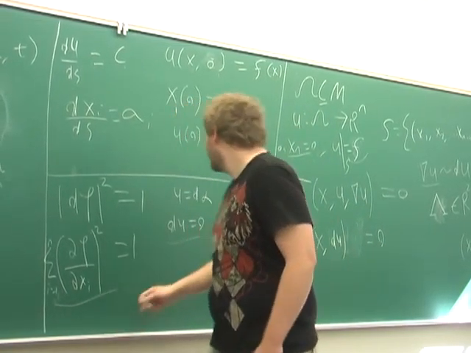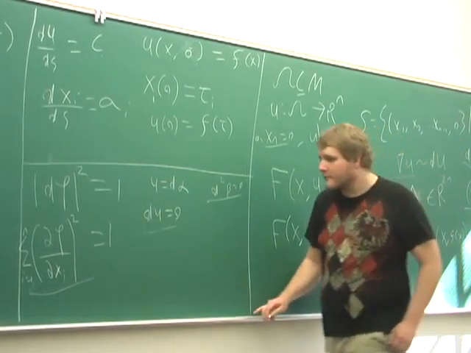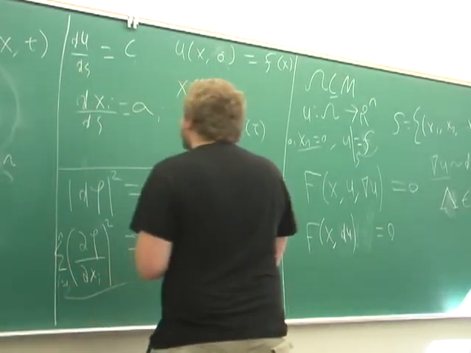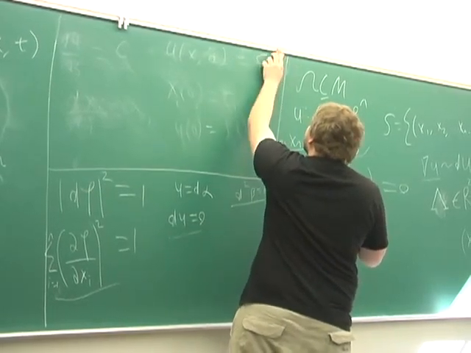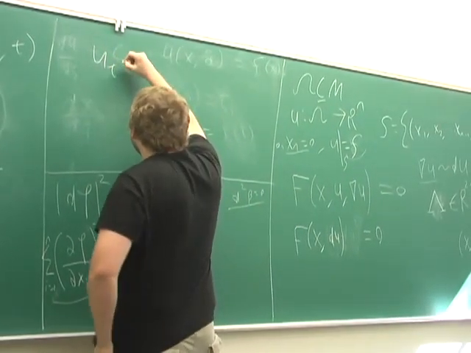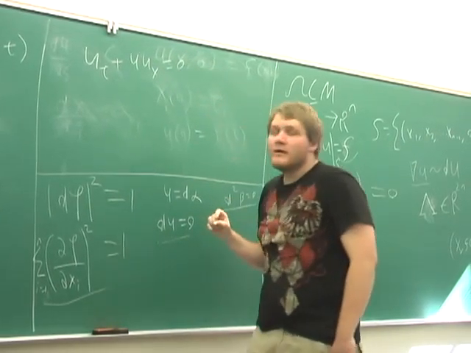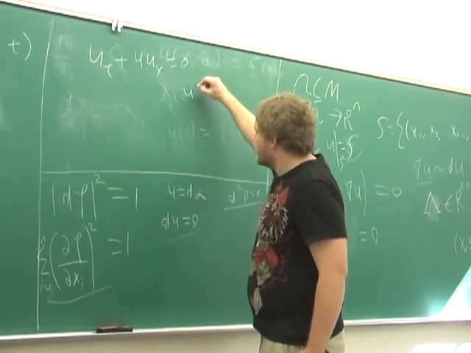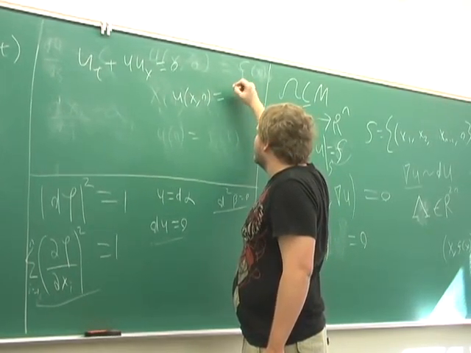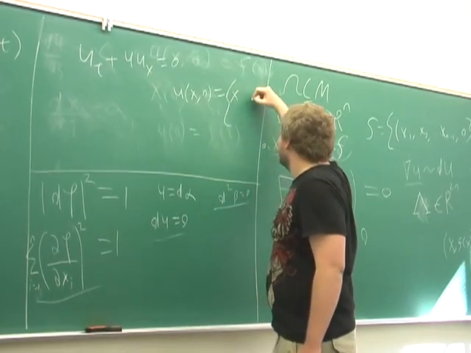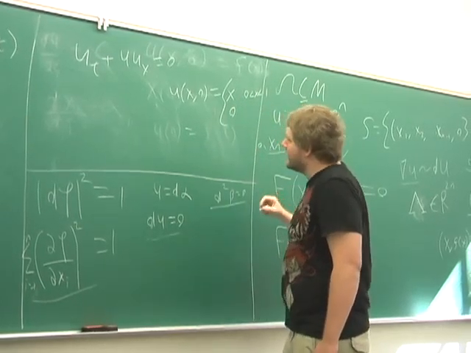For example, if I give you this equation, u_t plus u_x equals 0, and I give you an initial condition, u(x,0) equals x for 0 less than x less than 1 and 0 elsewhere.